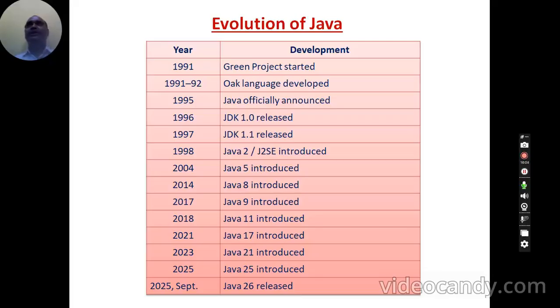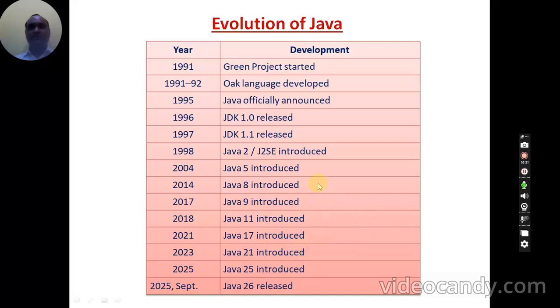They maintained this up to 2006, and in 2007 they announced JVMs and Java development tools under the GPL, General Public License, so they open sourced JVMs and Java development tools, but not the complete Java programming language.